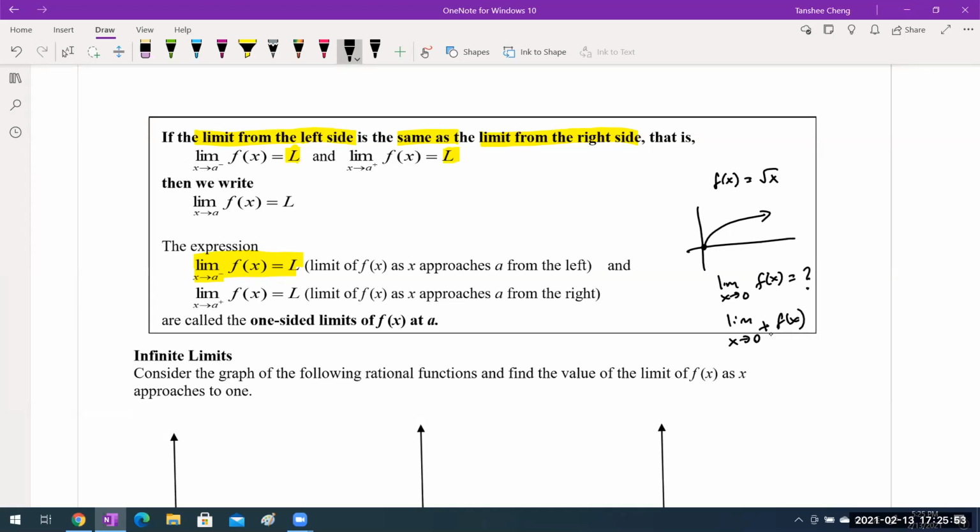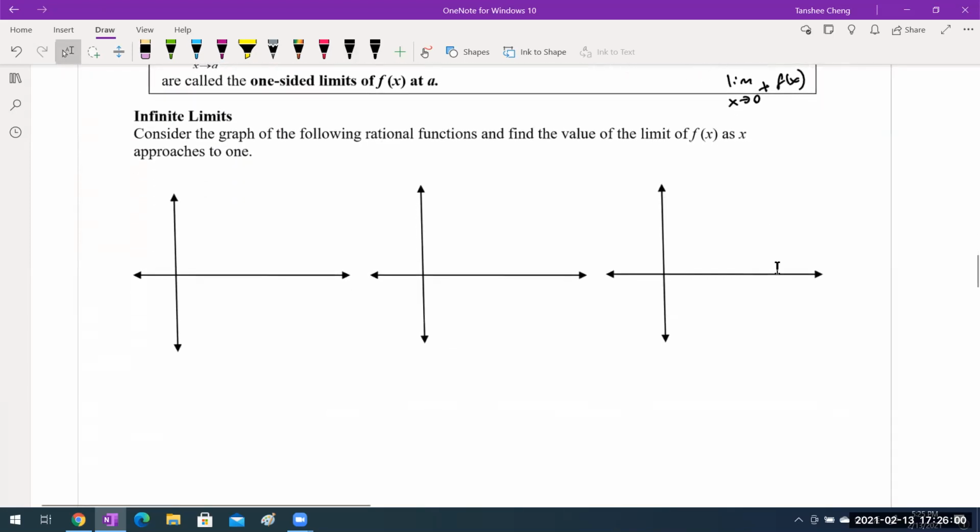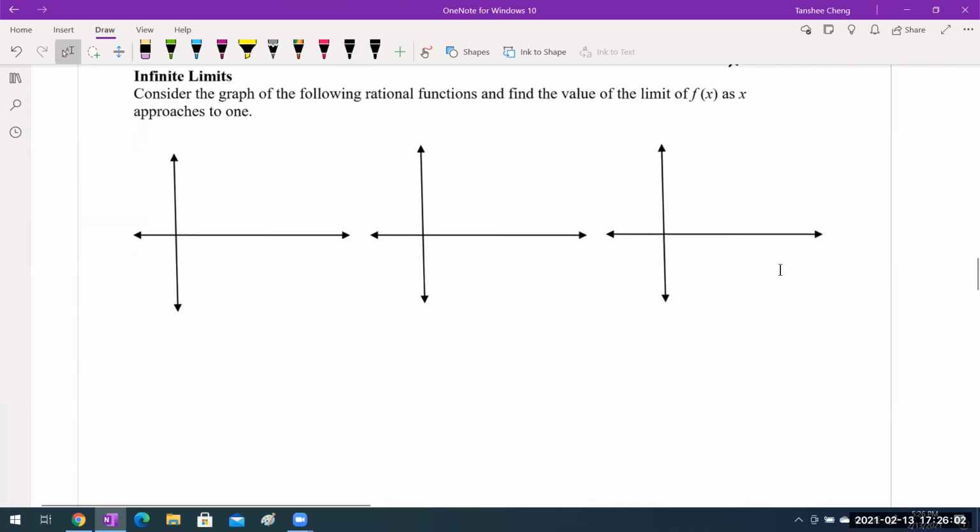Now, the limit value can also go to infinity, okay? So what do I mean by the limit being infinity?